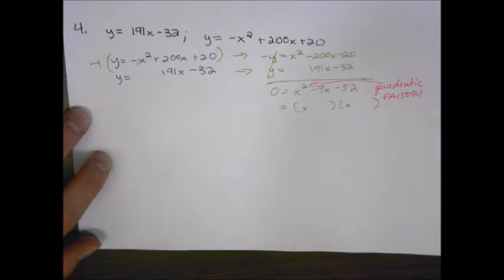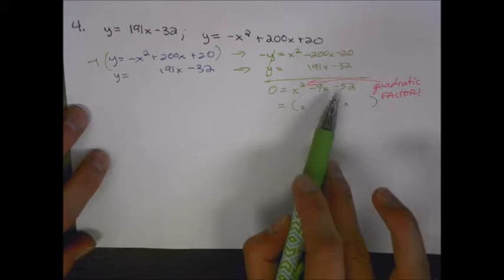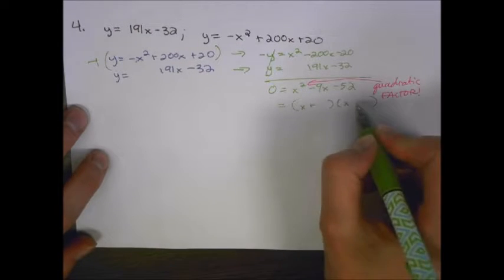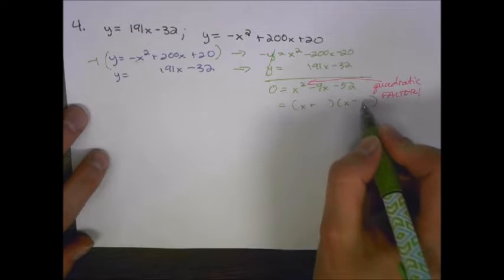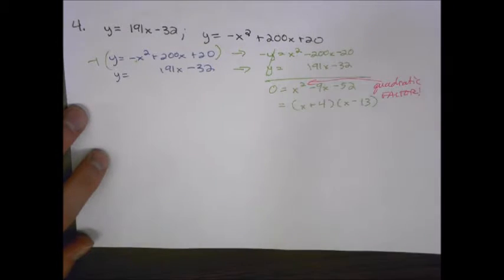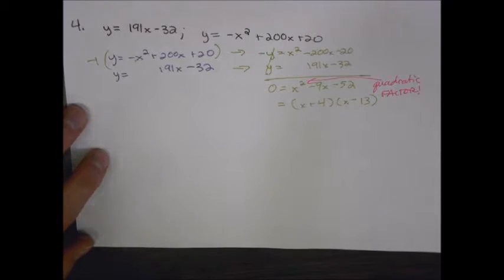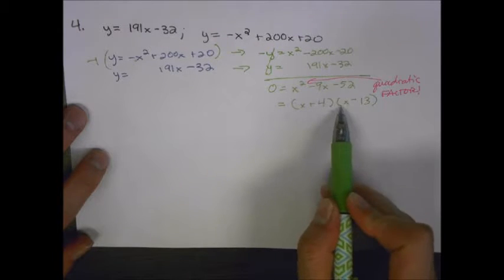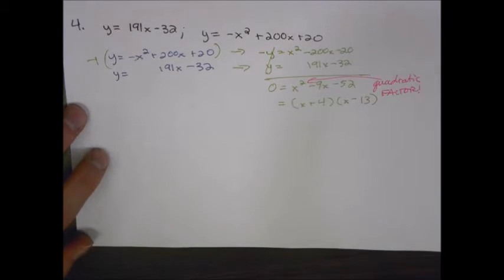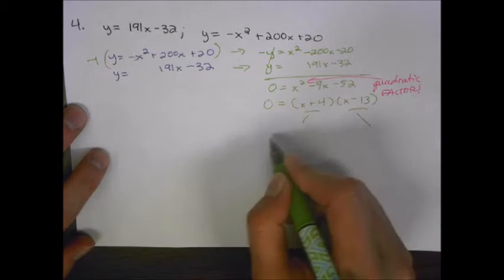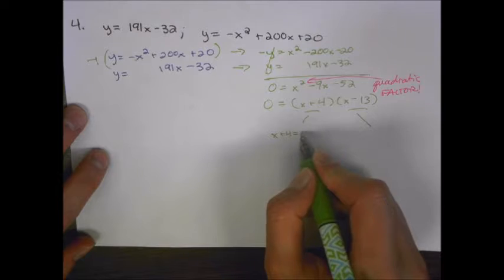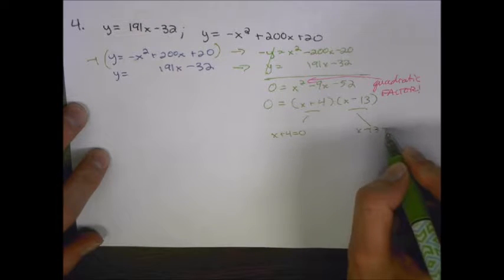So my answer's going to be like this, but I have to find my y's. I'm going to plug back into the linear equation. 191 times negative 4 minus 32 gives you negative 732.